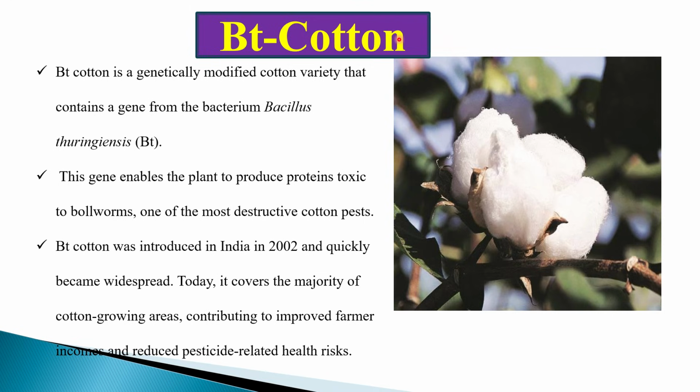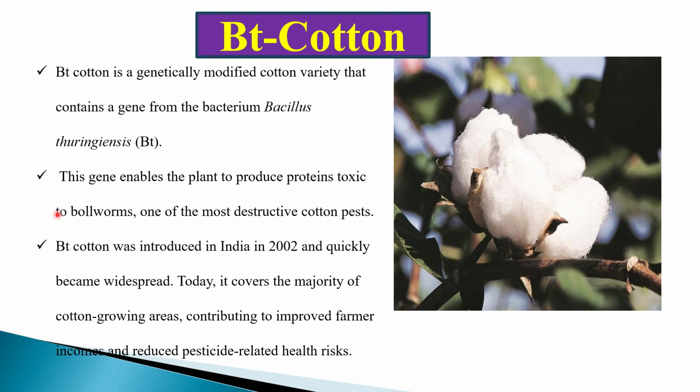Okay, so how it can be prepared, what is the technology, we are going to discuss here one by one. This gene enables the plant to produce a protein toxic to bollworms, one of the most destructive cotton pests. BT cotton was introduced in India in 2002.